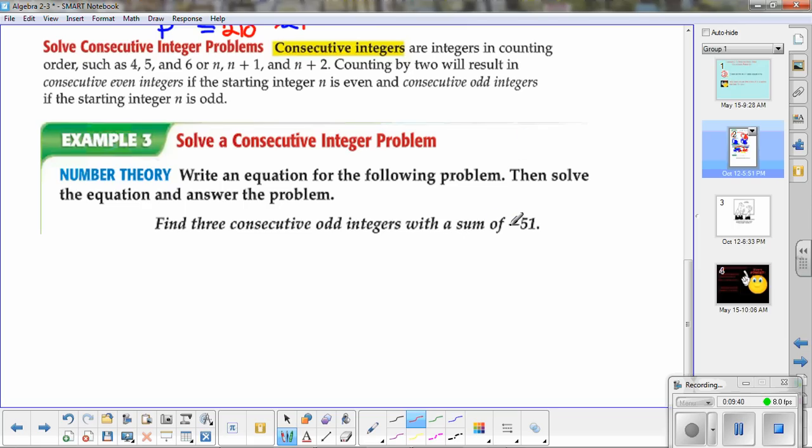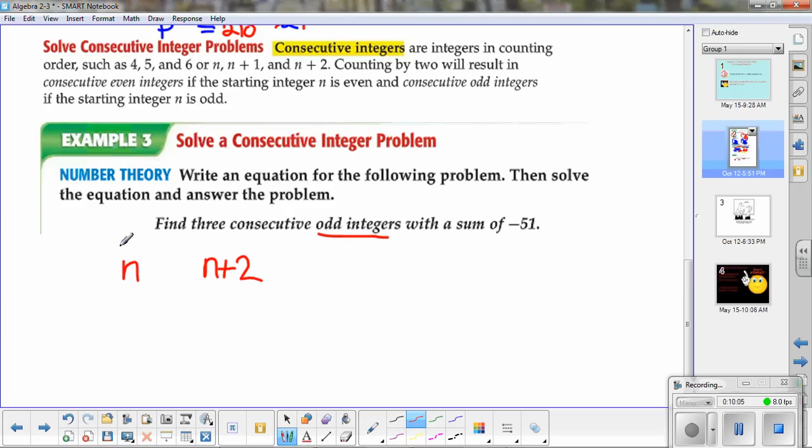Write an equation for the following problem. Then solve the equation and solve the problem. Find 3 consecutive odd integers with the sum of negative 51. Well, if n is our first odd integer, our next odd integer is going to be n plus 2.